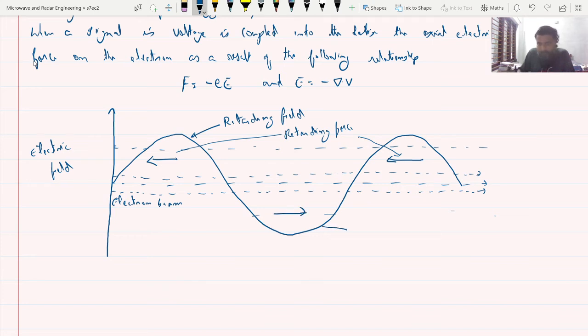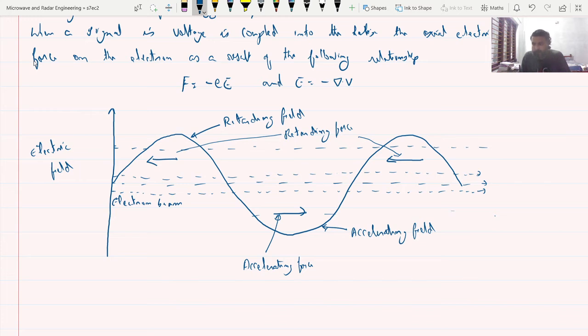This is the accelerating field, and this one is the accelerating force. Retarding field, retarding force, accelerating field, accelerating force.